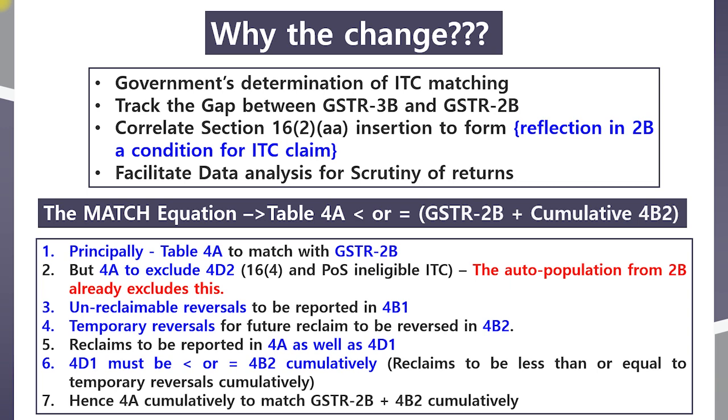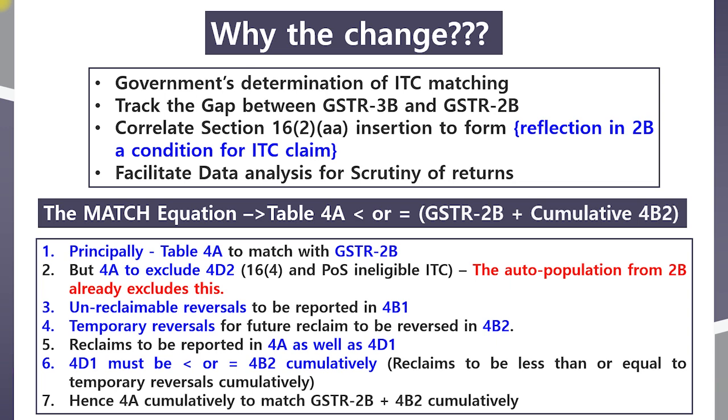Now what is that we should remember as the match equation? Table 4A should be less than or equal to GSTR 2B plus the cumulative temporary reversals which we effect in 4B2. If we remember this equation, I think by and large we are through with the new reporting process. So what does this new reporting process insist upon then? Principally match 4A with 2B.